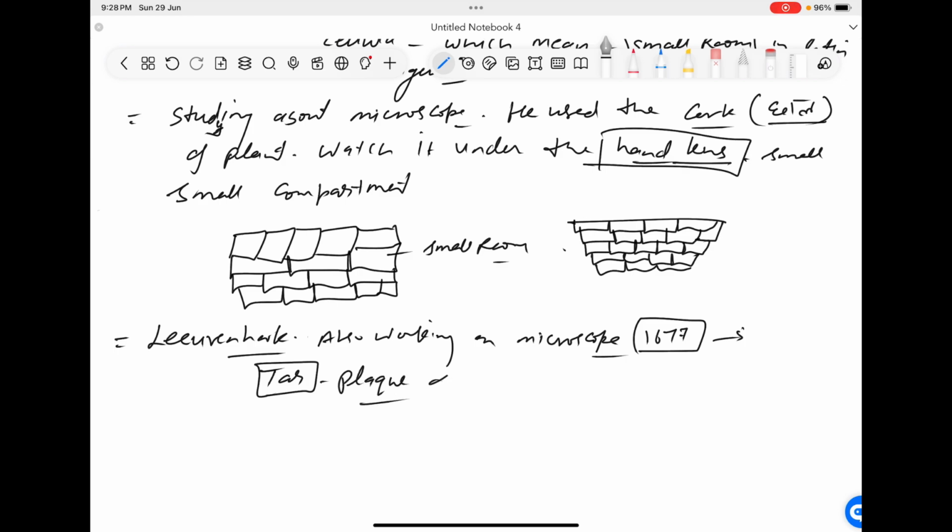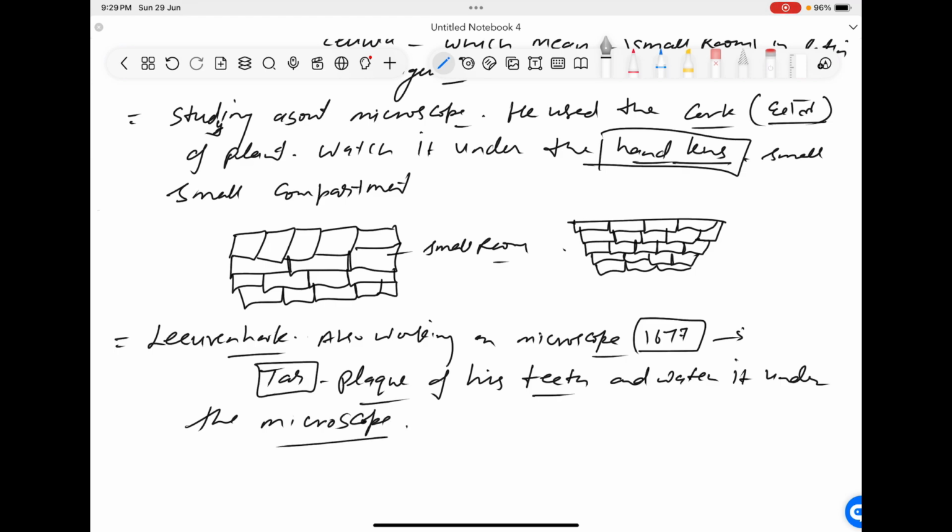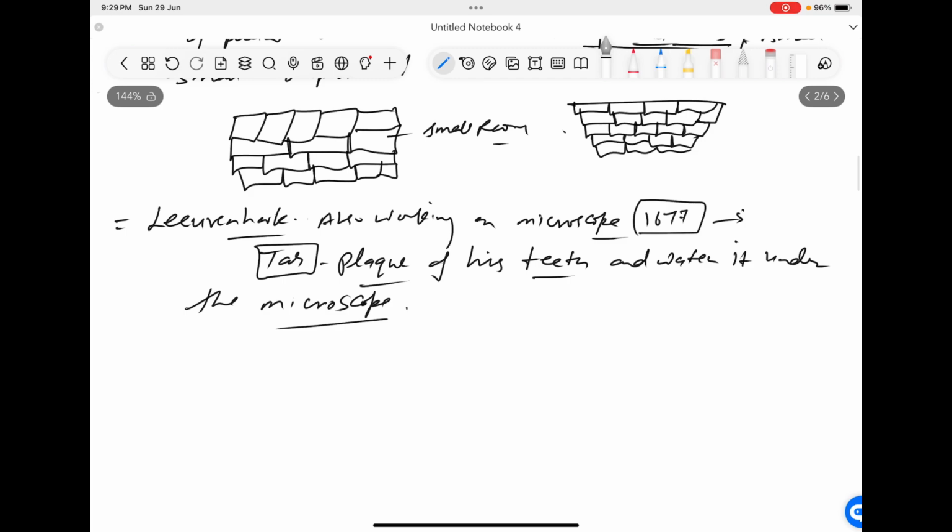When he watched it, he found small animals, rod-like structures with tiny flagella on the body, and he called them animalcules, which in Latin means tiny animals. Later on, these animalcules became known in today's world as bacteria.